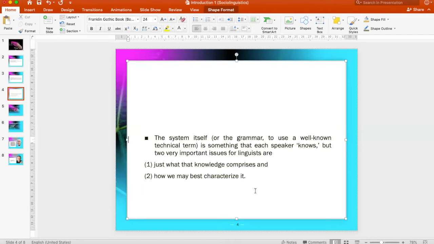So the knowledge here comprises how we may best characterize that knowledge. In terms of sociolinguistics, we find that the society's understanding is most important rather than just knowledge about the grammar itself.